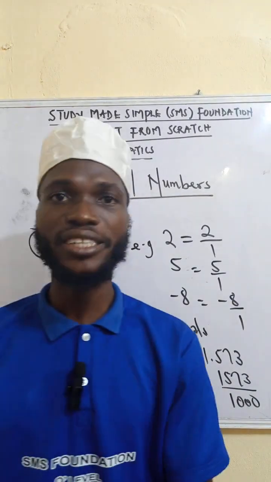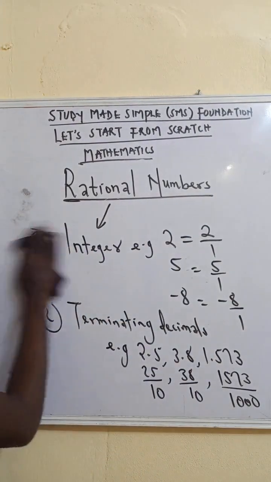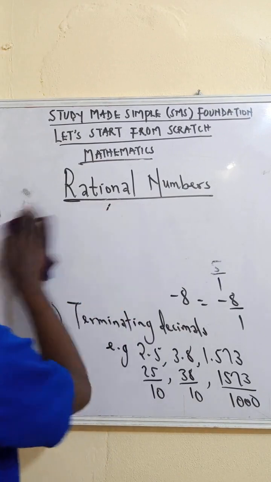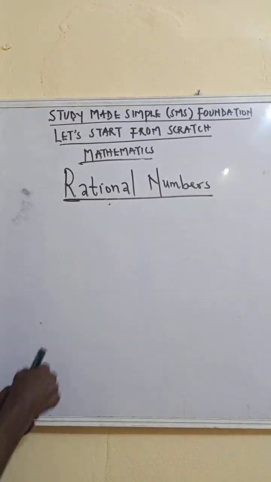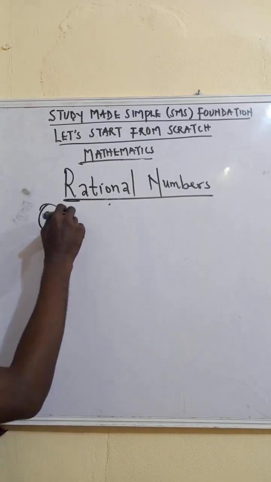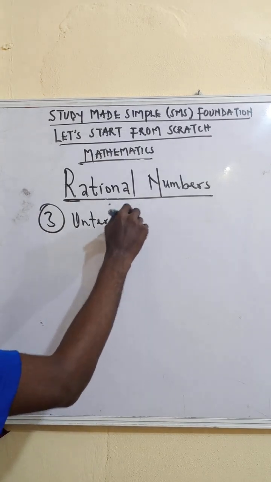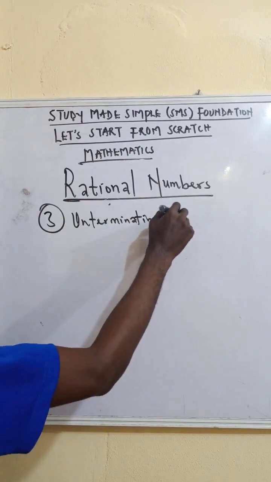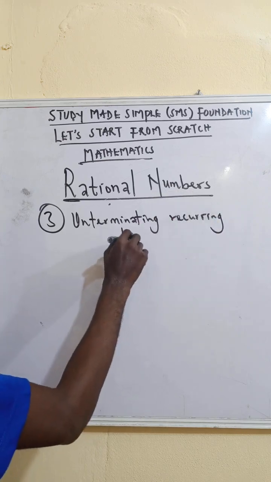Then the third case is recurring decimal, non-terminating recurring decimals. Let's see that also. Case 3 of rational numbers, non-terminating recurring decimals.